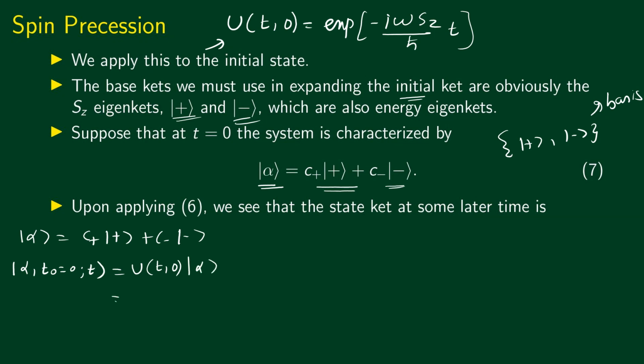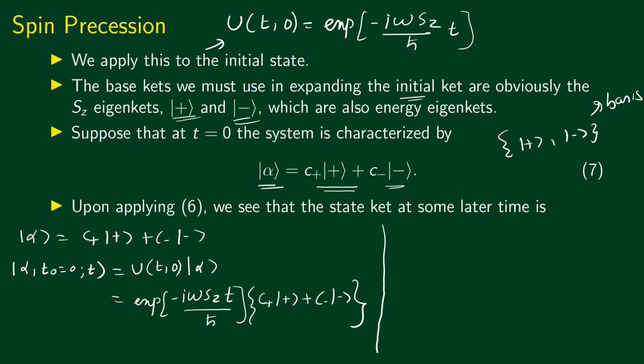So let's write this as U(t, 0), which has the form exp(-iωSz/ħ), and here we have c plus ket plus + c minus ket minus. Now we find the action. We have already done this.